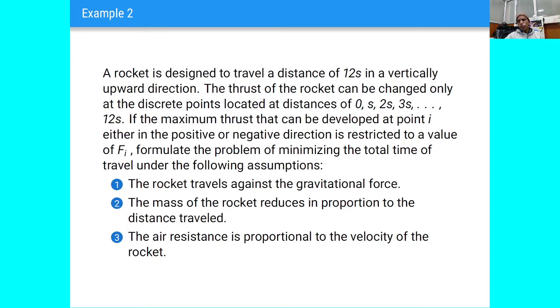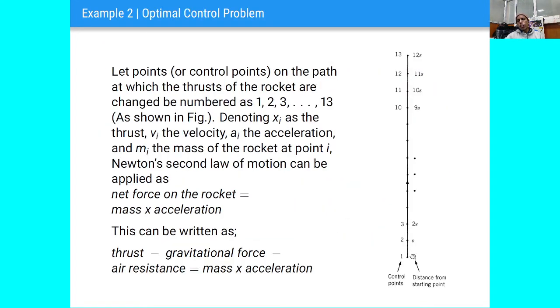Here the time from 1 to 2 is t1, 2 to 3 is t2, 3 to 4 is t3, 4 to 5 is t4, 10 to 11 is t10, 11 to, just a second.